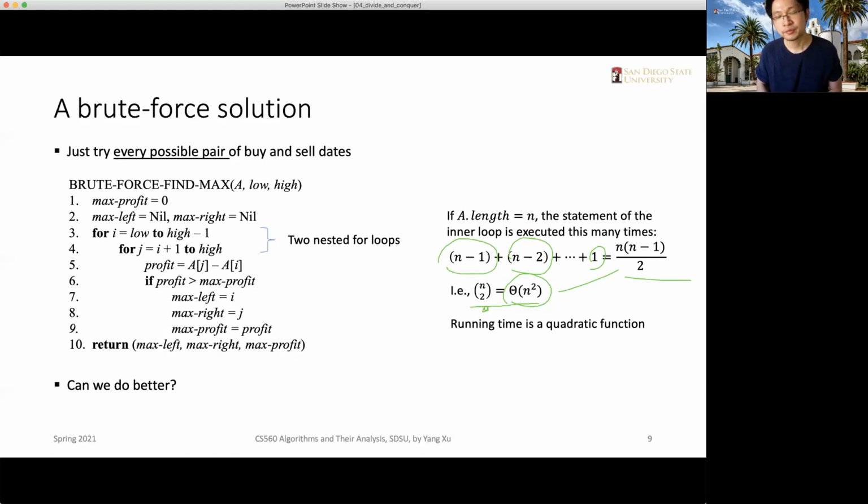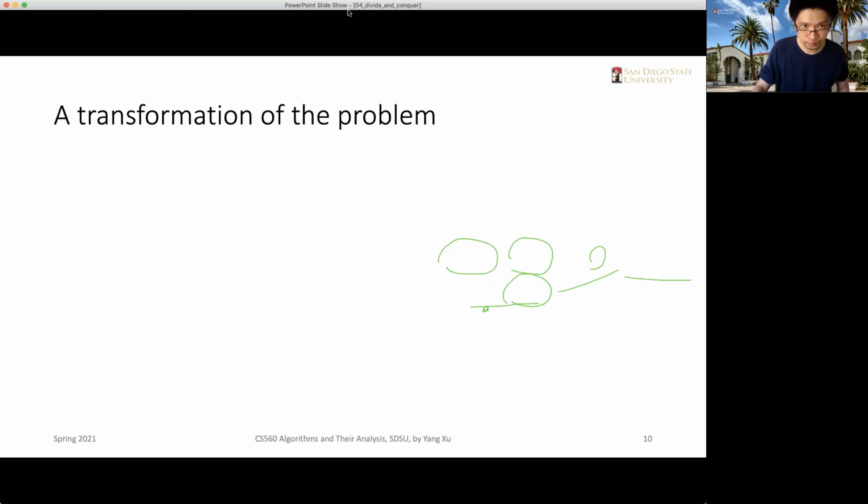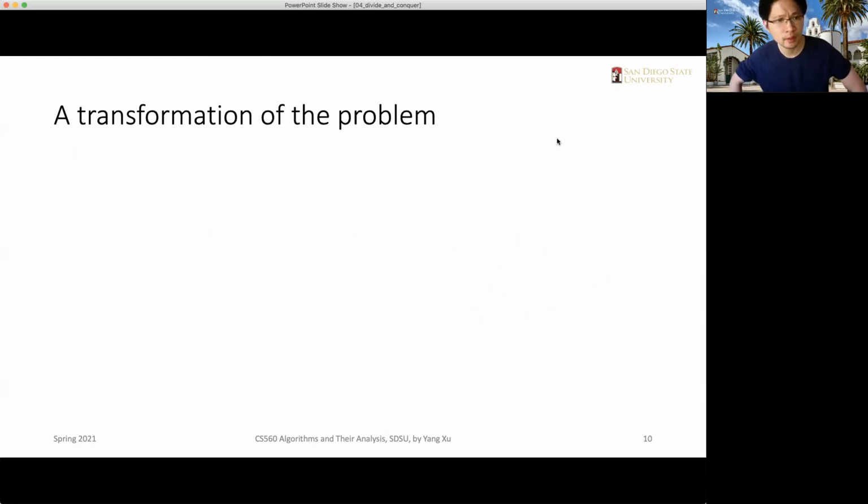So how do we do better? That is the problem we need to think about today and try to solve. Okay, so let's do this together step by step.